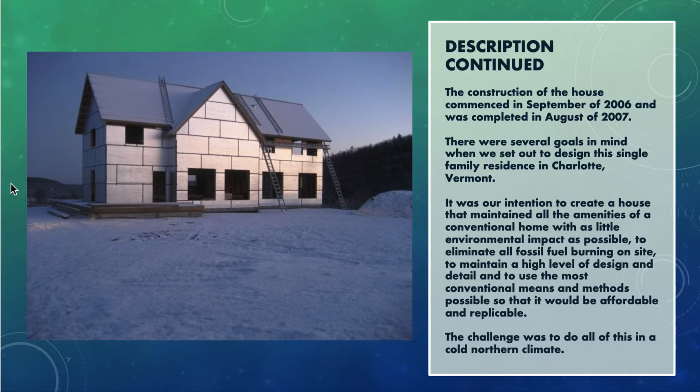And they wanted to use conventional means and methods where possible so that it would be affordable and replicatable, meaning they wanted to use things like stick framing. They didn't want to use anything weird like these bio blocks where inside the block are algae, and the algae control the temperature of the house, right? So they wanted to use more traditional methods. The challenge was to do all of this in a cold northern climate.